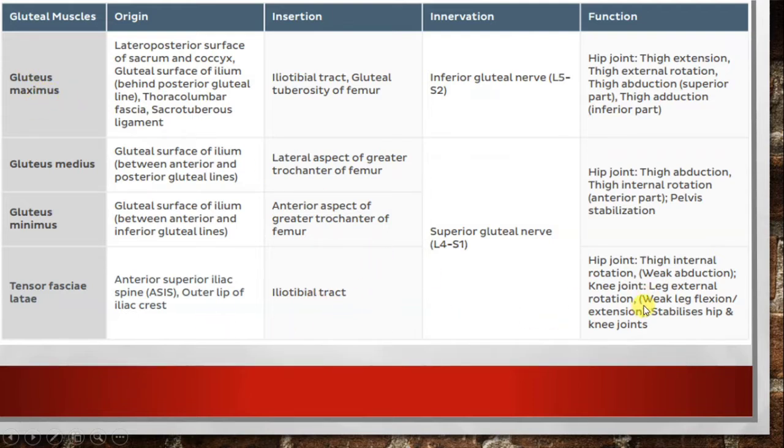So the function of the tensor fascia lata at the hip joint is thigh internal rotation, that is thigh medial rotation, and weak abduction. At the knee joint, since it also crosses the knee joint, it also functions related to the knee joint: leg external rotation, weak leg flexion and extension, and it stabilizes the hip and knee joint.